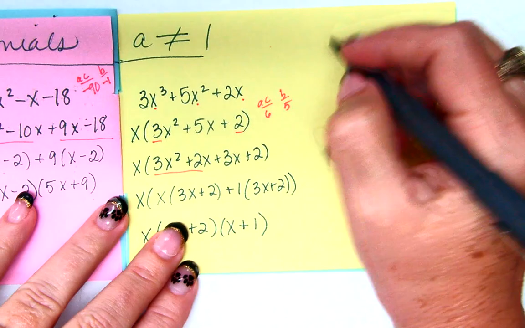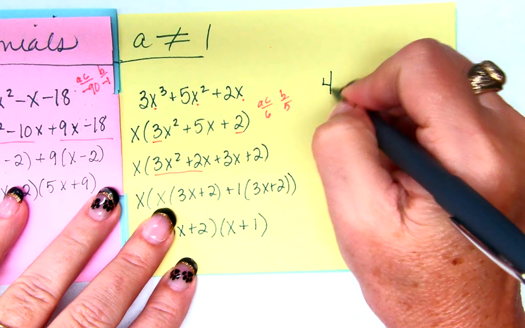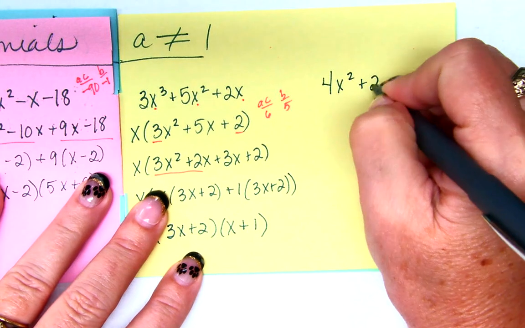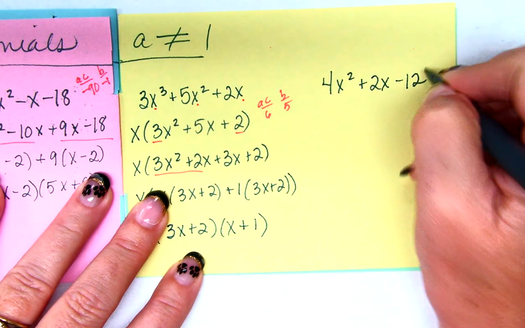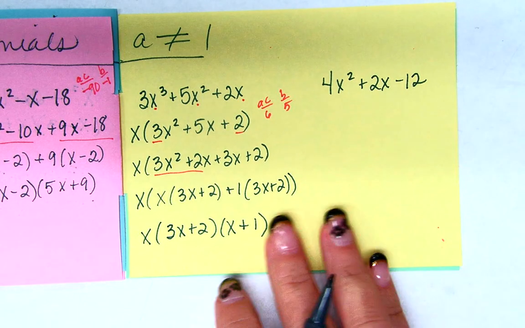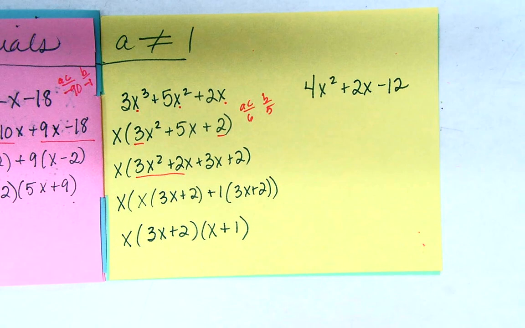All right, last example for you. 4x squared plus 2x minus 12. What do you want to do? AC. Oh, greatest common factor. Yeah. Okay.